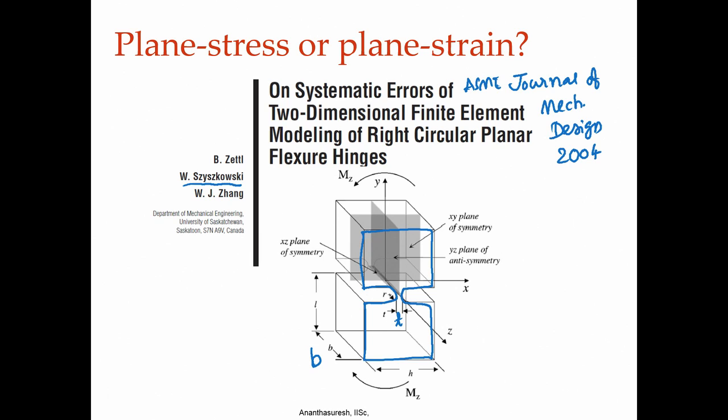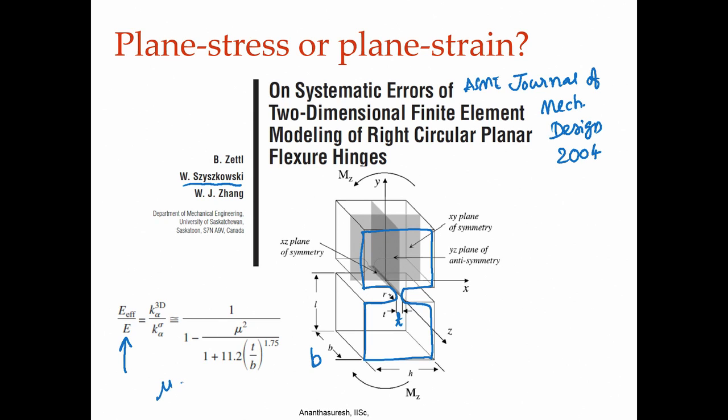But they also went a little further to say that if you make this change, you can still use plane stress elements, because 2D analysis is always better than 3D analysis in terms of effort. You change your effective Young's modulus using this empirical formula that they arrived at through very detailed analysis of various values of this B and T and other dimensions, where this mu is Poisson's ratio.